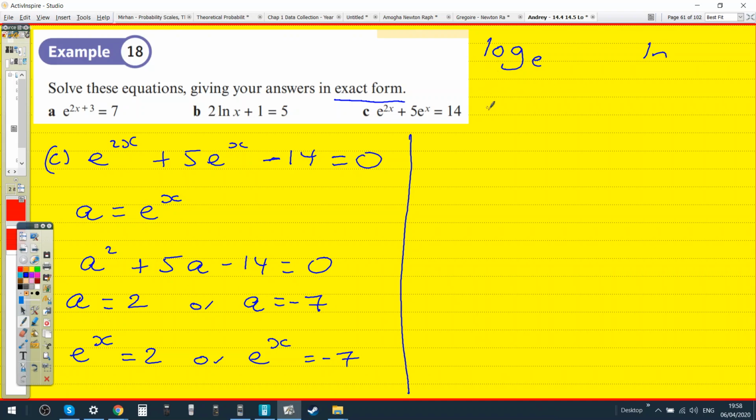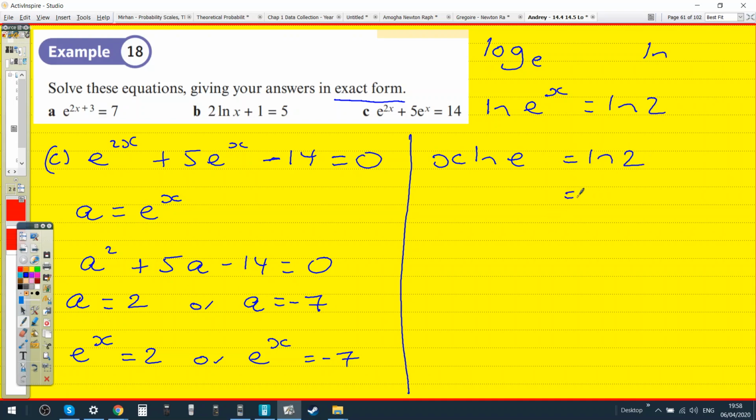So would it be ln 2 is equal to ln e to the x? Yes. Do I just put x to the front, don't I? Yeah. So it would be x ln e is equal to ln 2.